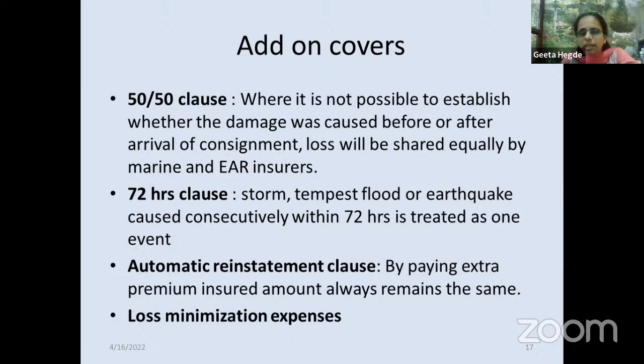In such cases, 50-50 apportion will be done if there is doubt or not clear as to where the loss falls, whether it falls in the marine policy or if it has happened after unloading of the consignment at the site. 72 hours clause for storm, tempest and earthquake. When the incident happens once again, second incident within 72 hours, then it will be treated as one event.